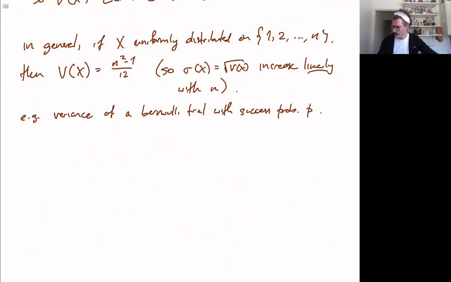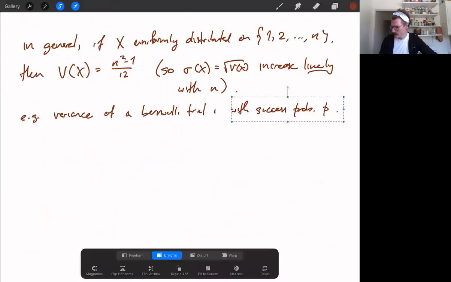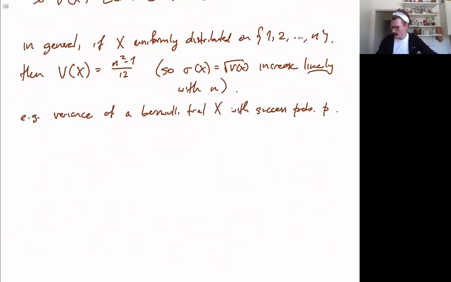So let's call this x. X is our Bernoulli trial with success probability p. So remember that this means x takes the values 0 or 1, and the probability of 0 is 1 minus p, and the probability of 1 is p.